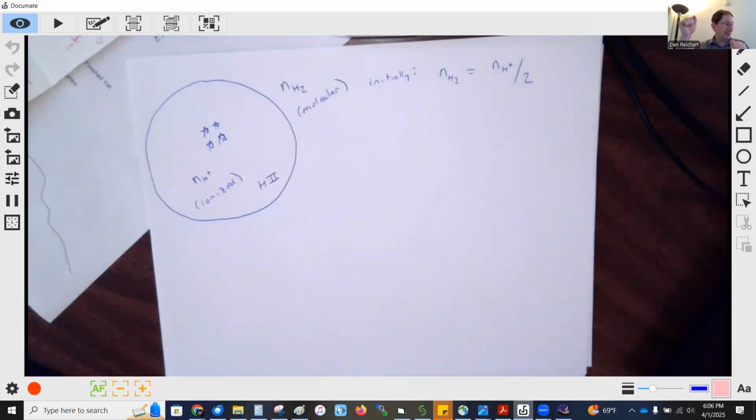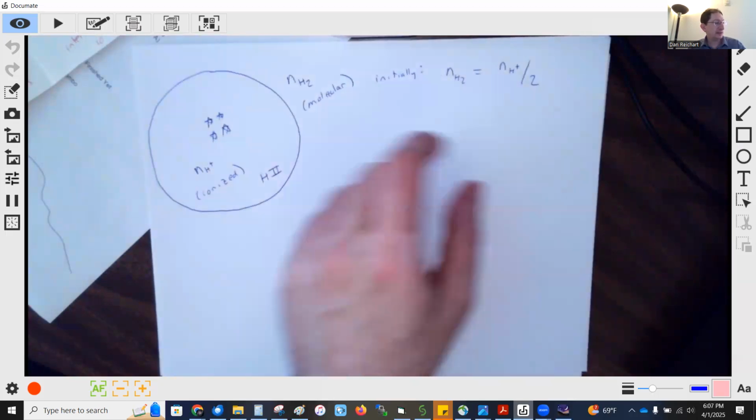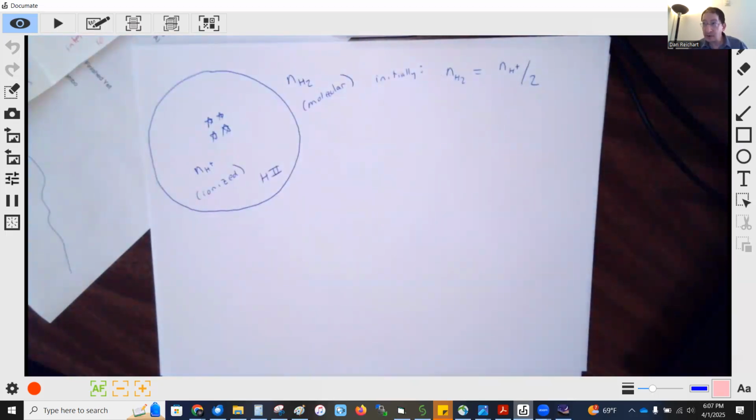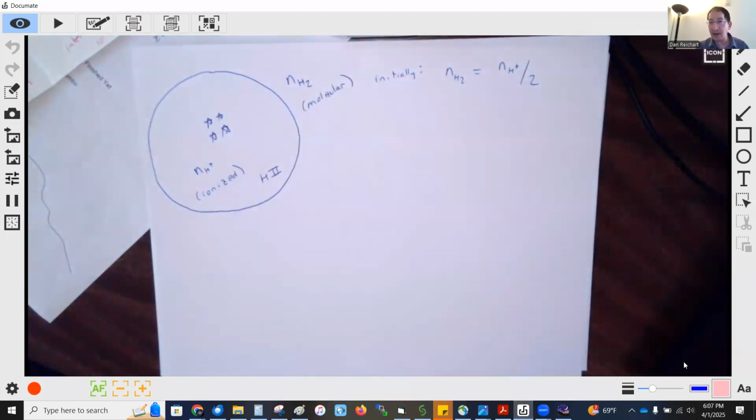So the density got twice as high in the middle compared to what it was. So you take that interior density, which you just calculated, divide by 2, and that was the density, the number density, number of particles per cubic centimeter before the ionization. So ionization doubled the density. So to calculate that outside density where it's not ionized, you just take that and divide by 2.